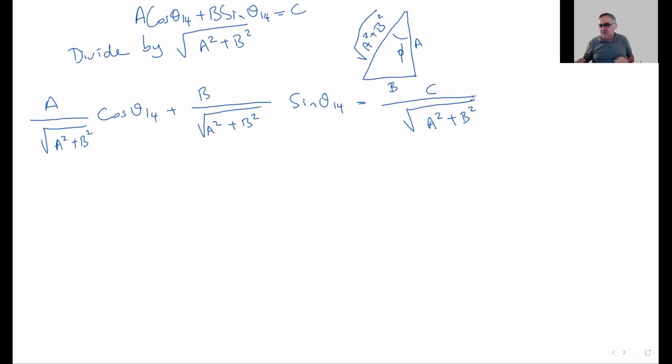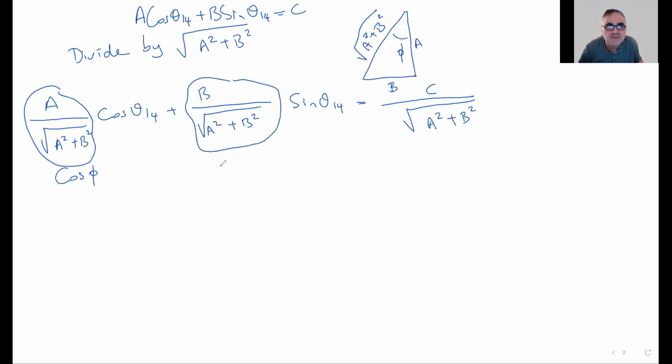Okay, now the trick is the following. Look at this triangle, whatever this angle phi is. What is this A over root A squared plus B squared? If you look at that triangle, this is cosine phi. And this is sine phi.